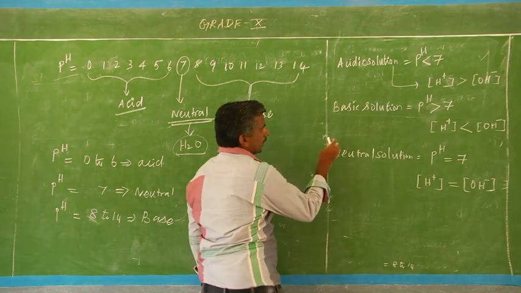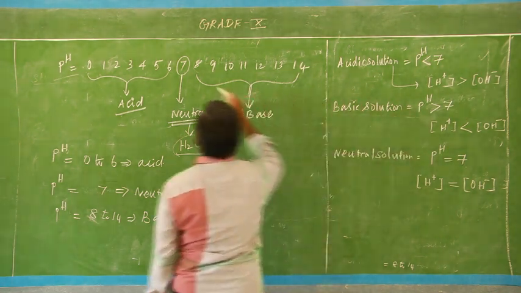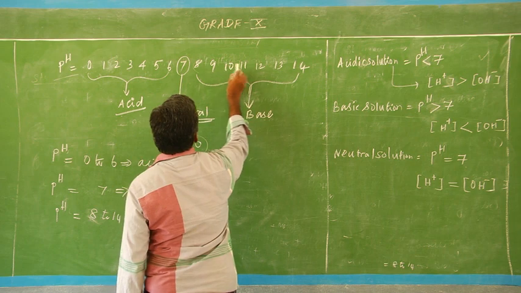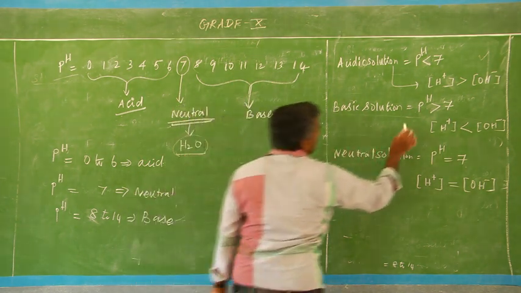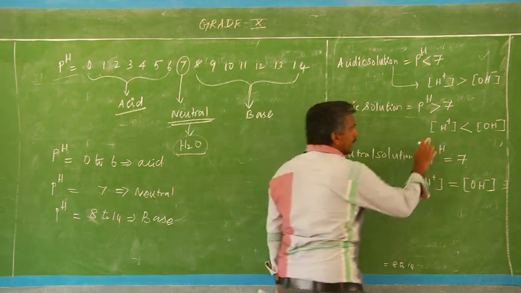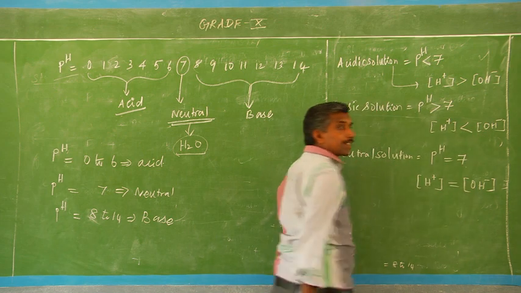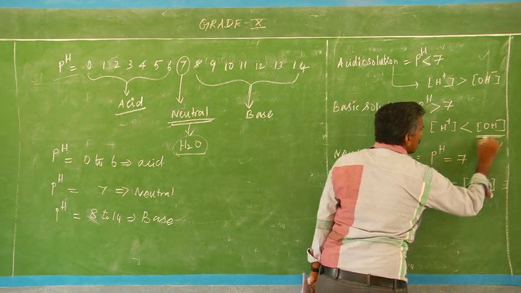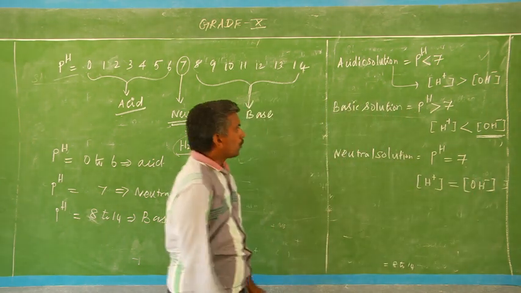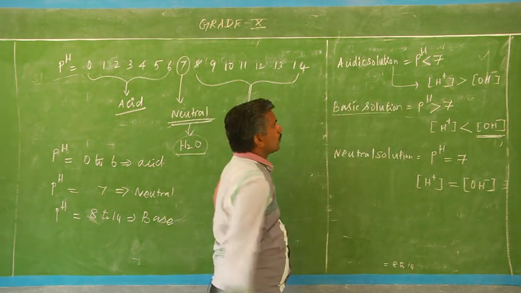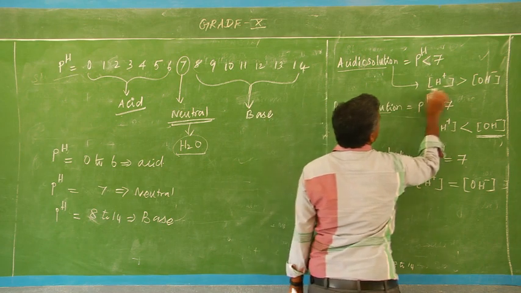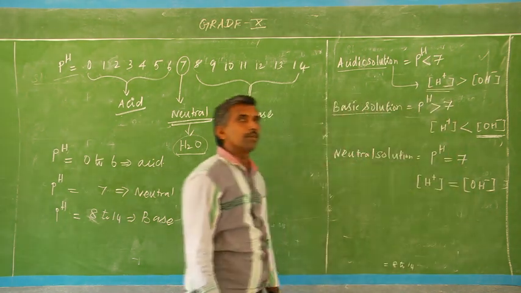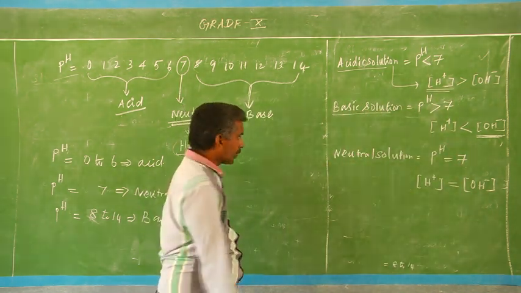Now for basic solution, pH value is greater than 7, that is 8 to 14, and the concentration of H plus ion is less than OH minus ion. So here OH minus ion has the maximum concentration in basic solution. For acidic solution, hydrogen ion concentration is maximum compared to OH minus ion.